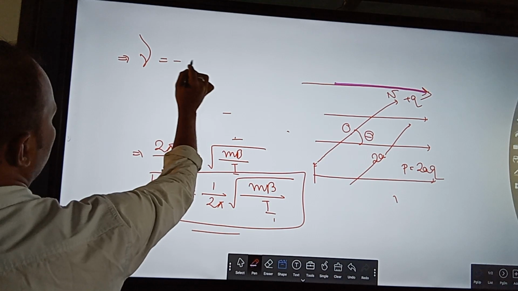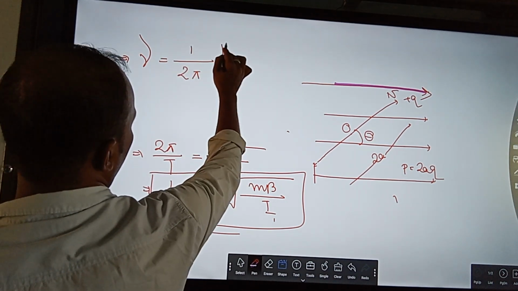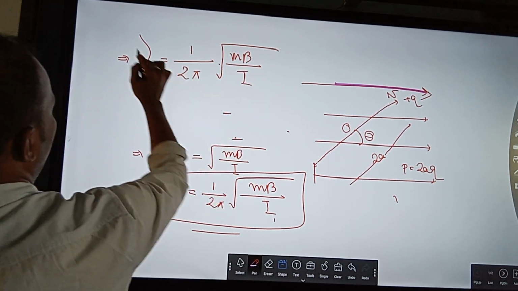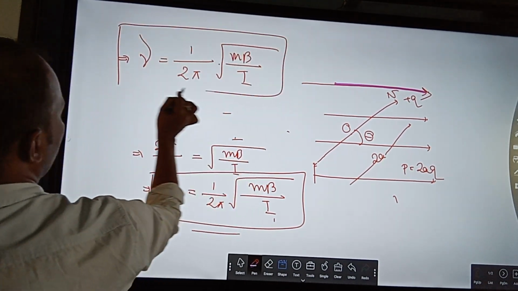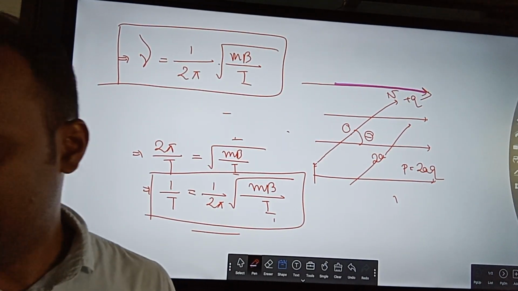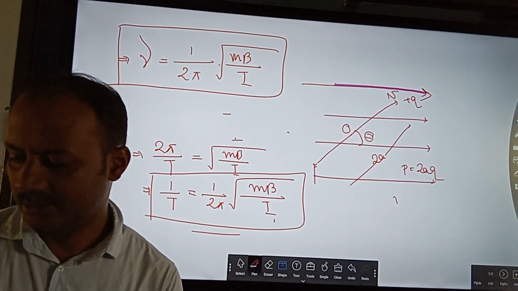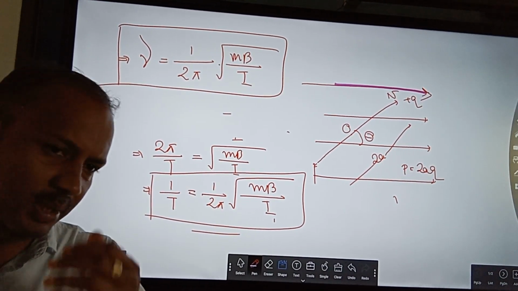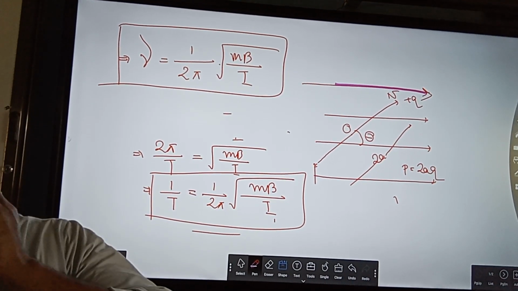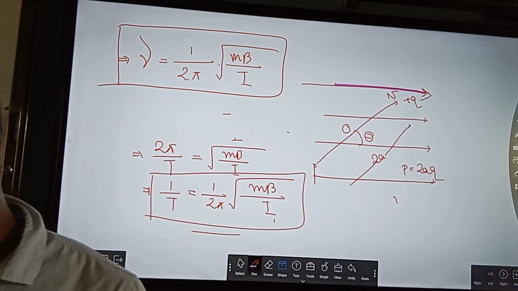Frequency mu is equal to 1 by twice pi root over what? mb by I. Okay, one formula. So the equation of frequency is 1 by twice pi root over mb by I.